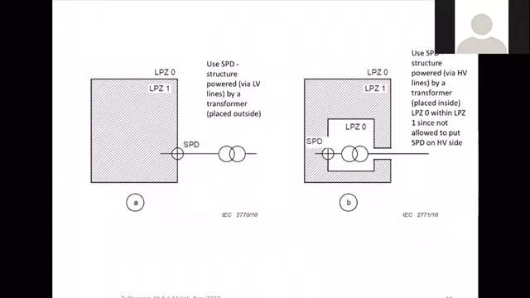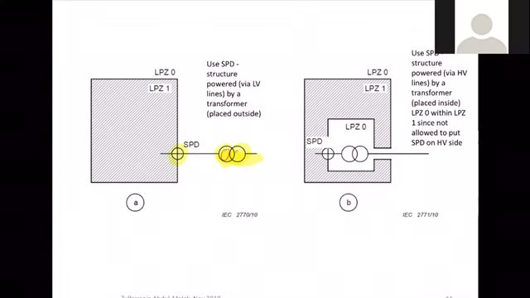This is a typical example where we have a structure, usually TNB, with a transformer exposed to, for example, surges. So you can put SPD at the entrance there. But sometimes the transformer is within the building.